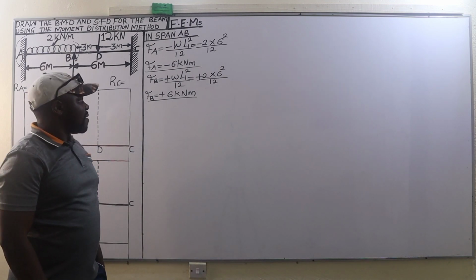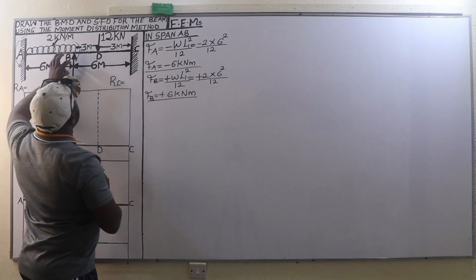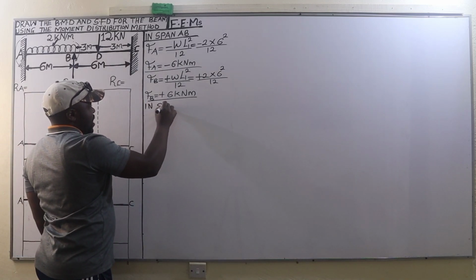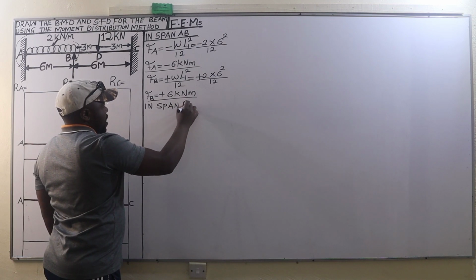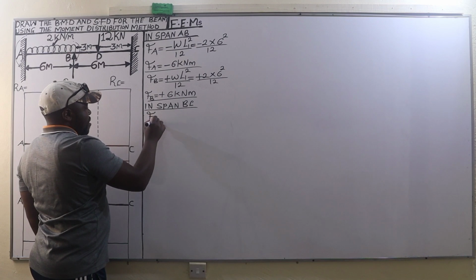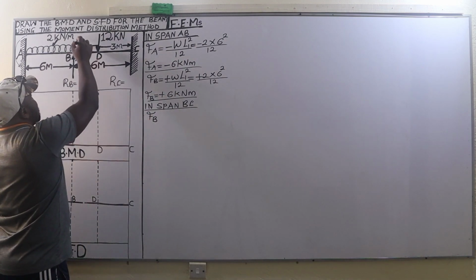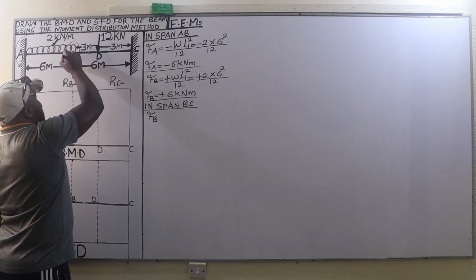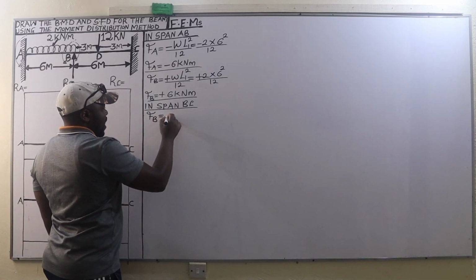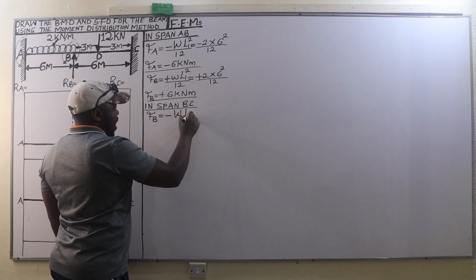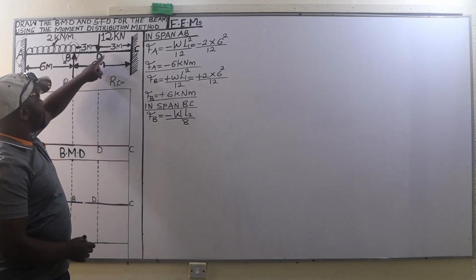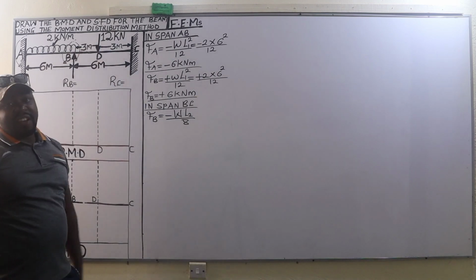Then from there we go to the span BC, the span B to C. Therefore, in span BC, the fixed end moment at B is going to be an anti-clockwise moment, and it is going to be given by this formula: negative WL2 divided by 8, since this span is loaded with a point load.